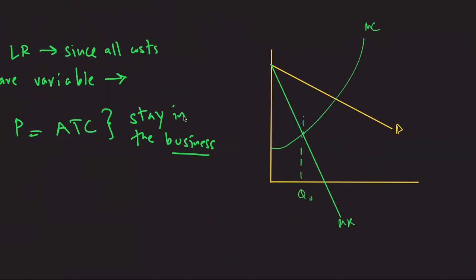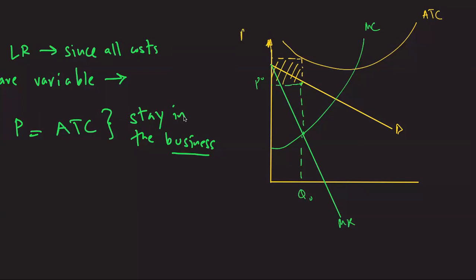Q naught, price is P naught. Now, guys, if this is your ATC, you are making a loss, right? And if this is long run, you will not continue to produce because short run might have a situation of ABC, but long run may not have this kind of a situation, right?